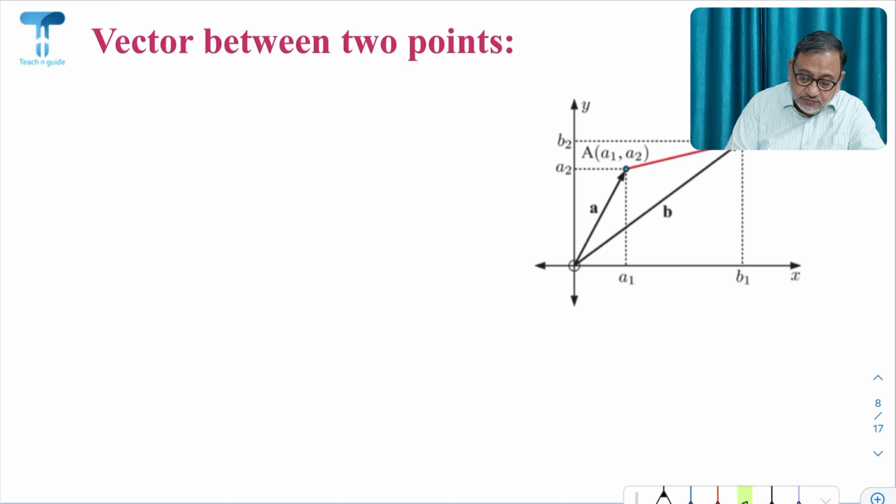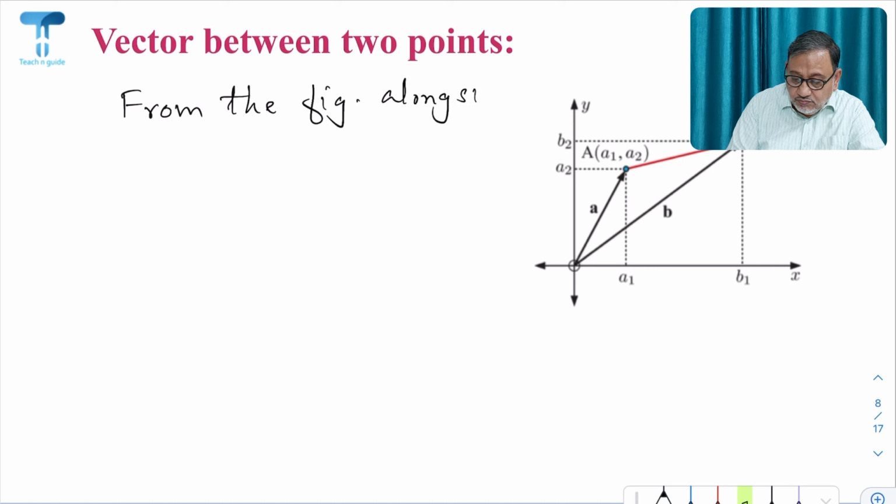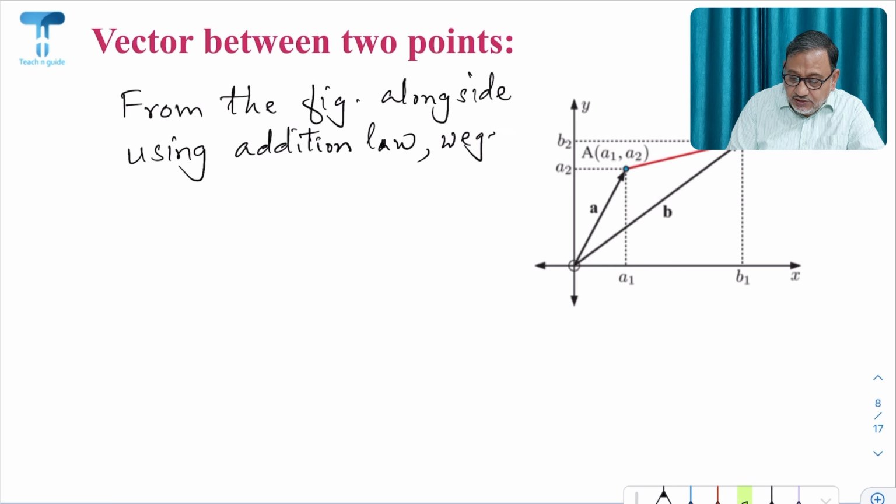From the figure alongside, using addition law, we get vector AB is equal to vector AO plus vector OB, right?